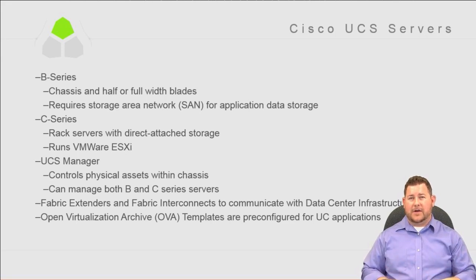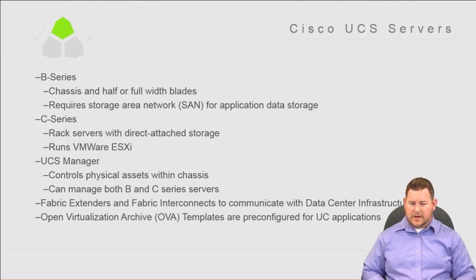Now, if you say I want to do thin provisioning on this piece of storage, that means that I'm going to allocate 80 gigs to this virtual machine, but it doesn't actually use 80 gigs on the VMDK file yet. It's going to say, you know what, I'll just use what I need until I reach 80 gigs. The virtual machine server itself has no idea that it's actually thin provisioned at all. It thinks it has 80 gigs, and it does. It can go all the way up to 80 gigs if necessary.